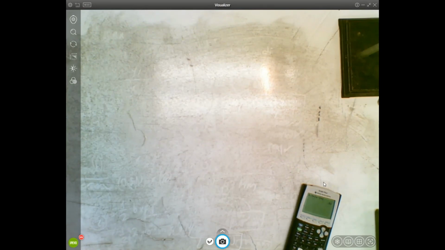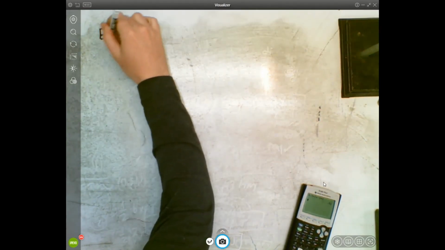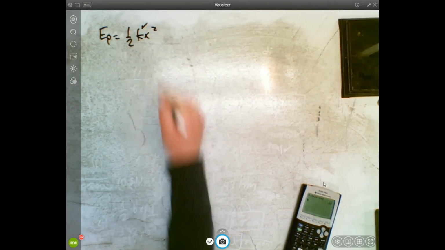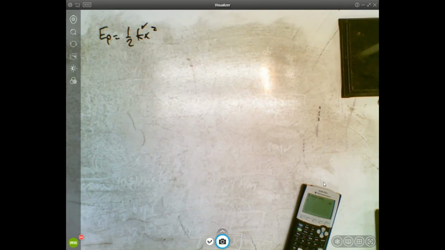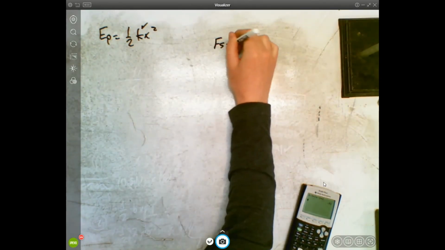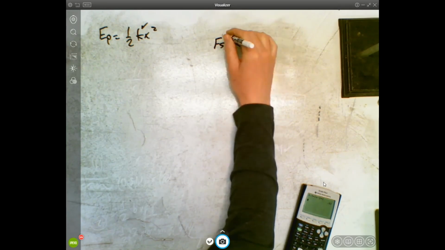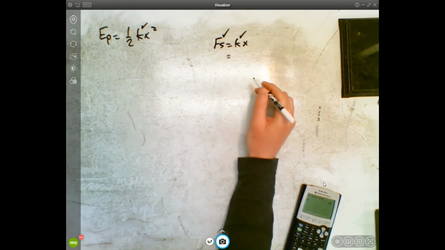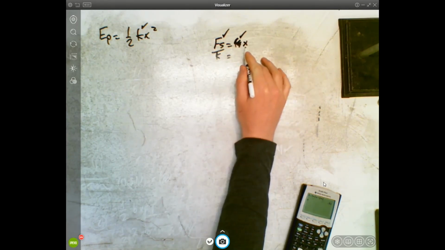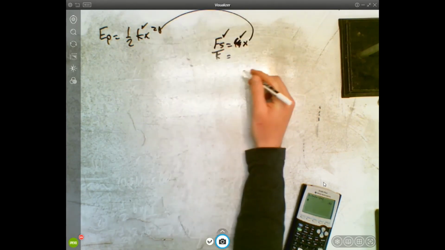Okay, so what we're looking for is the energy stored in the spring. So we're going to need this. And I have my spring constant, but I don't have my x. So I can use my other formula. I know a spring force, and I know a spring constant, so if I move that down there, I can find x and plug it into there.